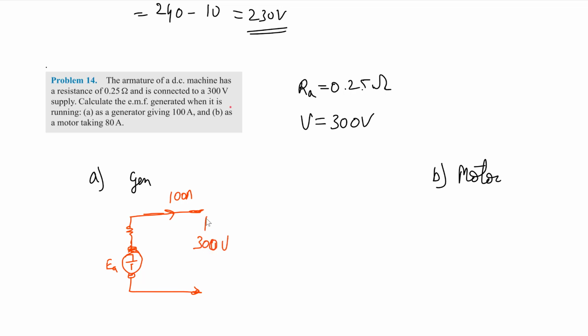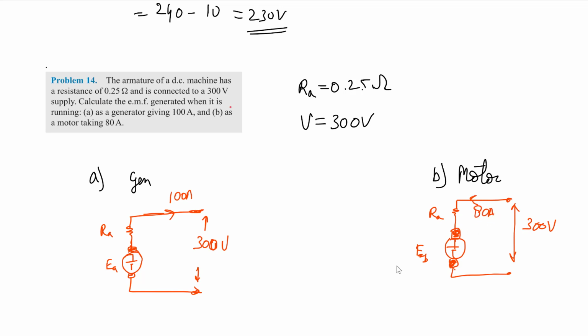And when it is operating as a motor, it is generating back EMF EB. This is RA, and here also the terminal voltage is 300 volt, but it is taking a current of 80 ampere.